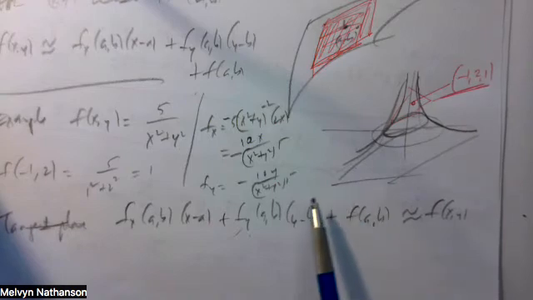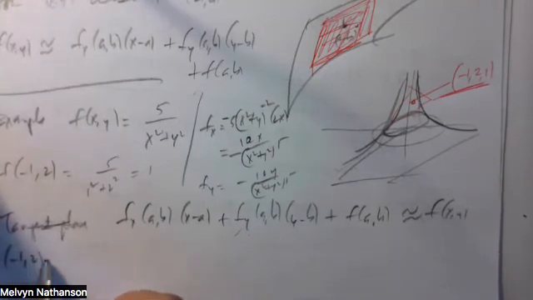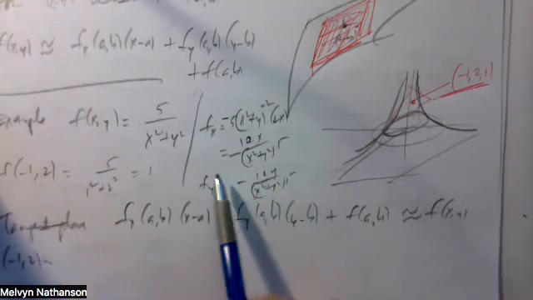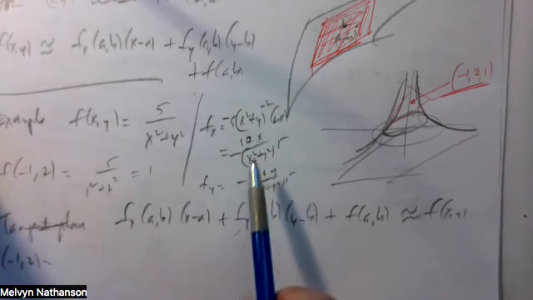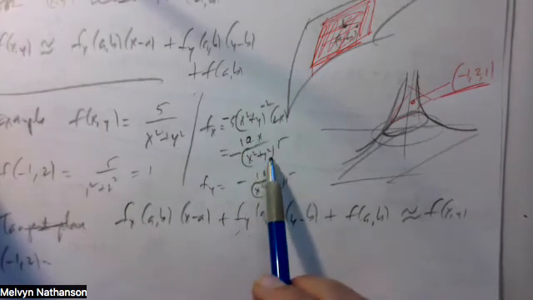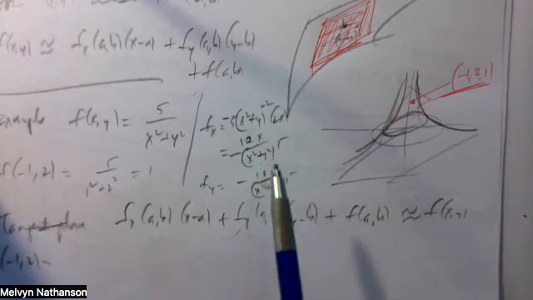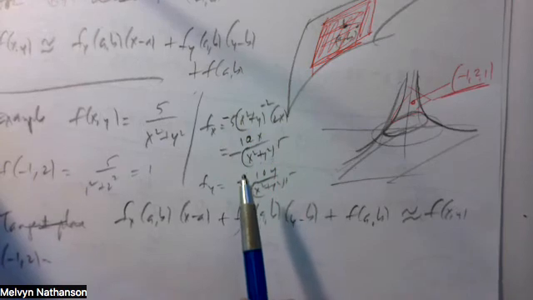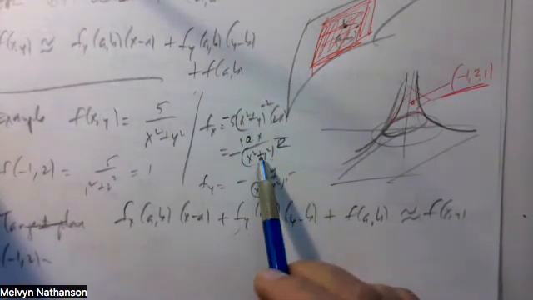So at the point minus 1, 2, f sub x of minus 1, 2 is minus 10 times minus 1, that's 10. 1 squared plus 2 squared, that's 5. Sorry, this is 5 squared.